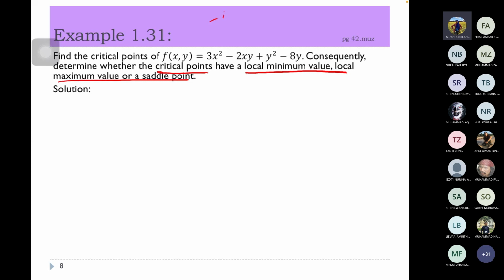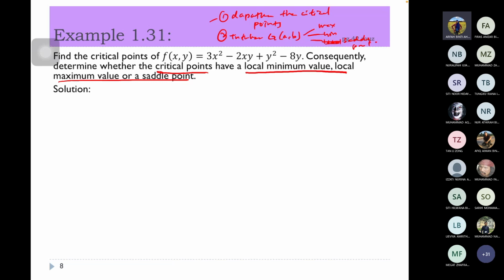First thing first, dapatkan the critical points. Okay. Then tentukan using G(a,b), is it maximum, minimum atau saddle point.